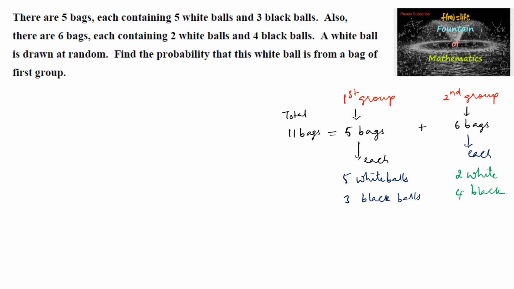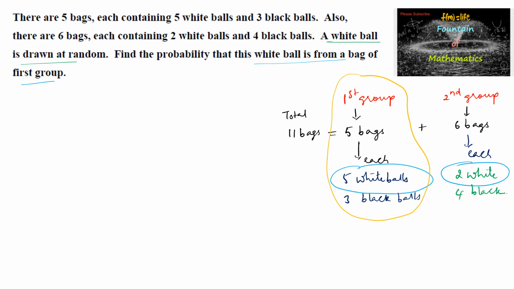And the question is, a white ball is drawn at random, means we need to select the white ball here. A white ball is drawn at random and find the probability that this white ball is from a bag of the first group. So our question is about the first group here.